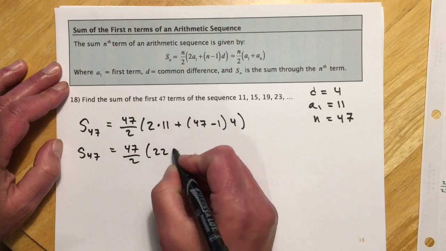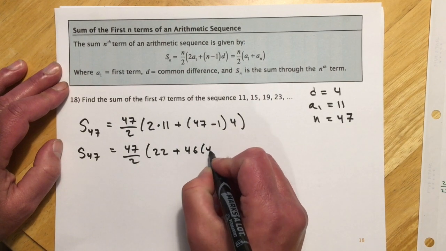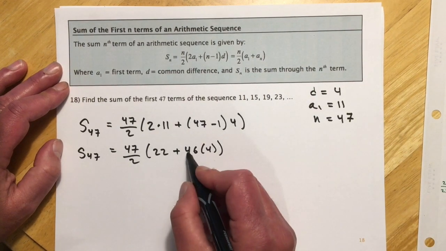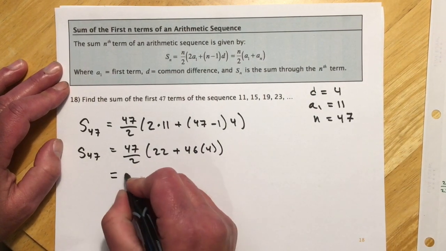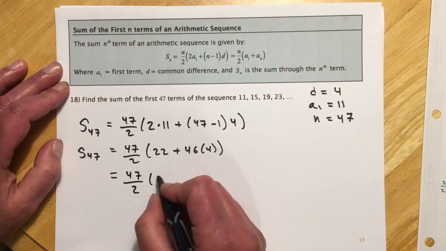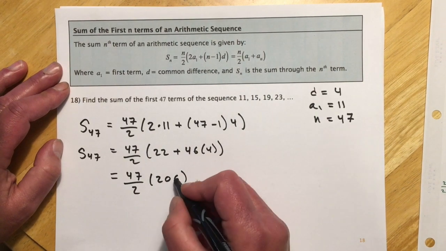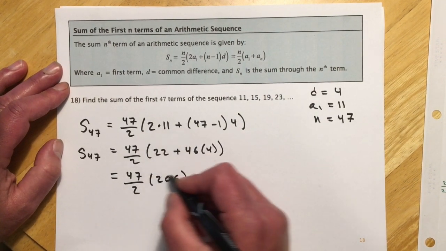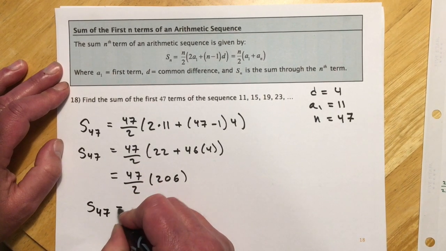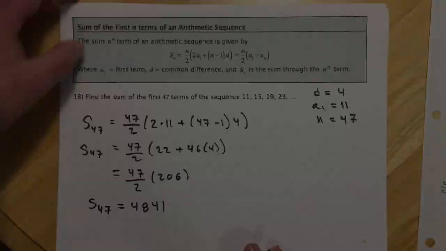And this is 22 plus 46 times 4. And then if I clean this up, 46 times 4 plus 22, that's going to get me 47 halves, and then that's 206. And then I would just divide the 2 into that and make 103 and multiply it by the 47. And so then I get the sum of the first 47 terms is 4841.